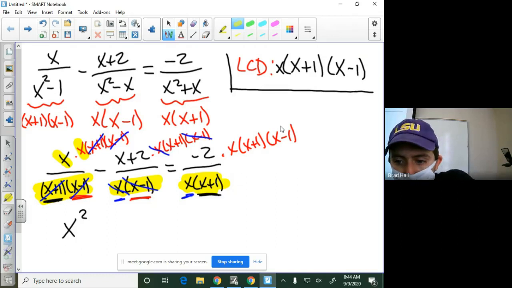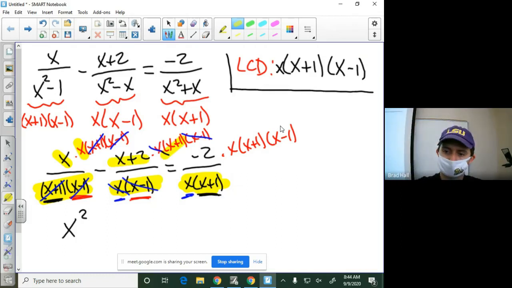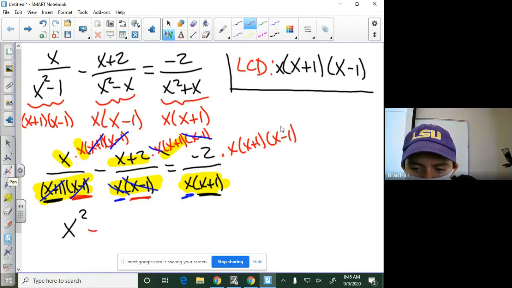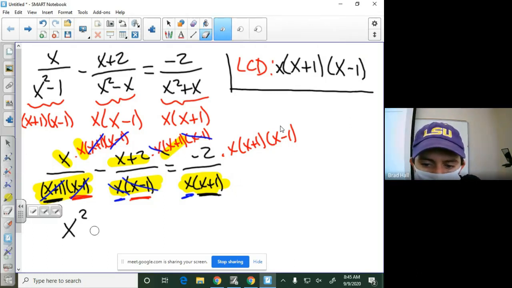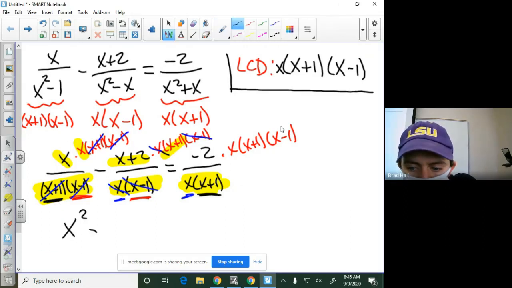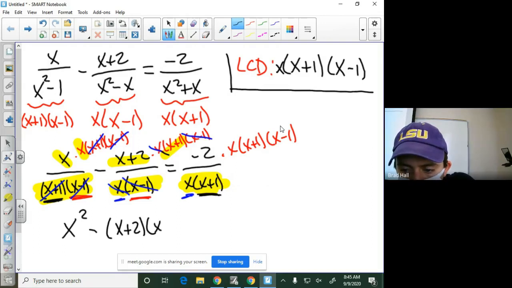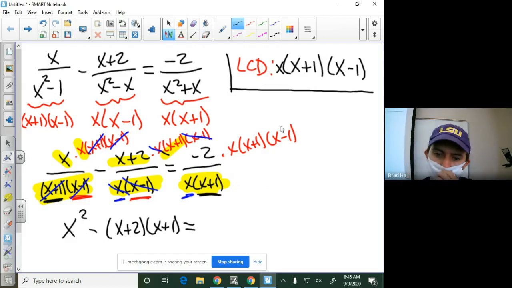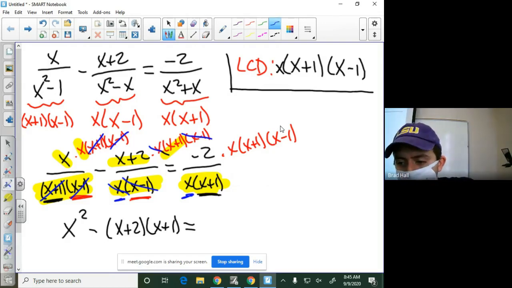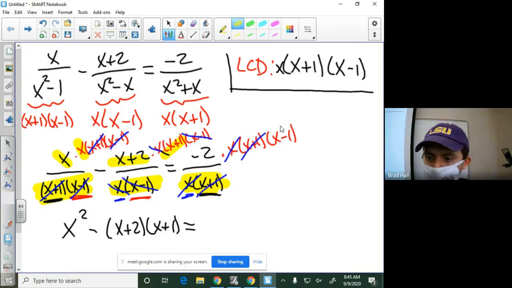So now we are left with x plus 2 times x plus 1. So I see an equal sign. And so finally, x cancels with x, x plus 1 cancels with x plus 1. We are left with -2 times x minus 1.